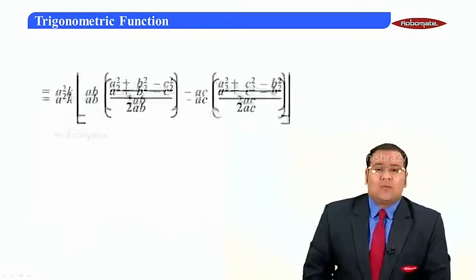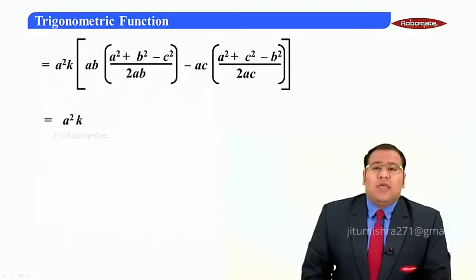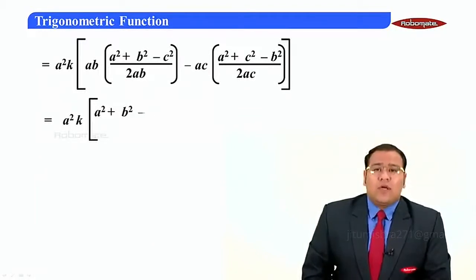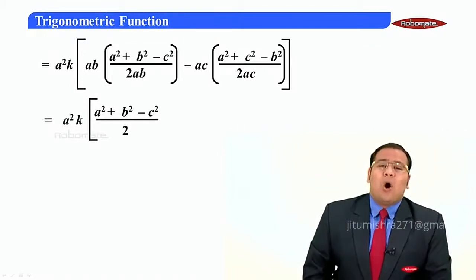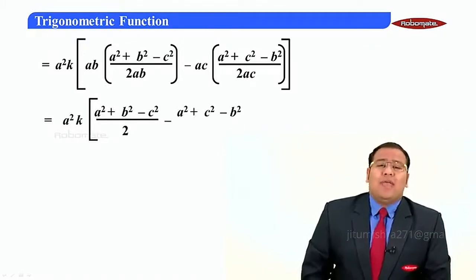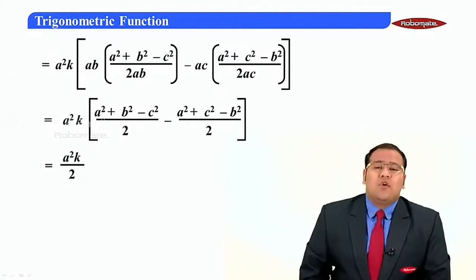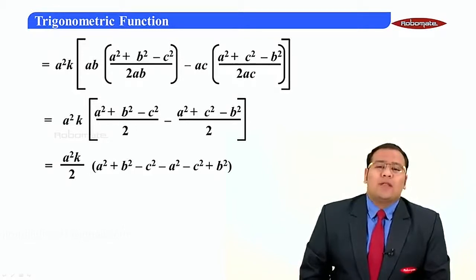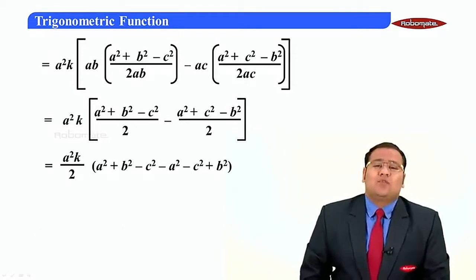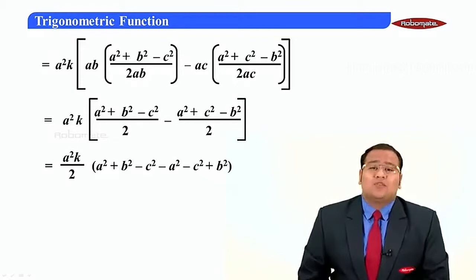In this case, you observe that a square k remains constant, but ab gets cancelled, and also ac gets cancelled. So the expression is (a square plus b square minus c square) upon 2 minus (a square plus c square minus b square) upon 2. When you take the common LCM, it would be a square k upon 2 into (a square plus b square minus c square minus a square minus c square plus b square).